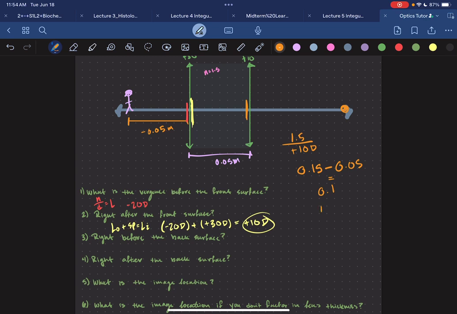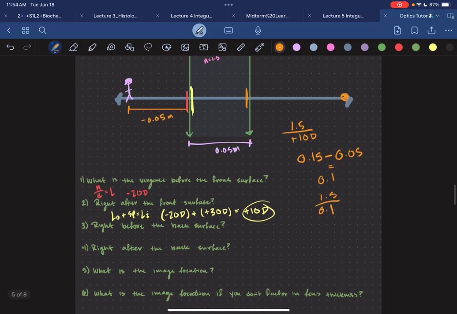So we'll do 1.5, because we're still inside the lens material, divided by 0.1. 1.5 divided by 0.1 is 15. Yep, 15, that feels right. So that's going to be a positive 15 diopters.